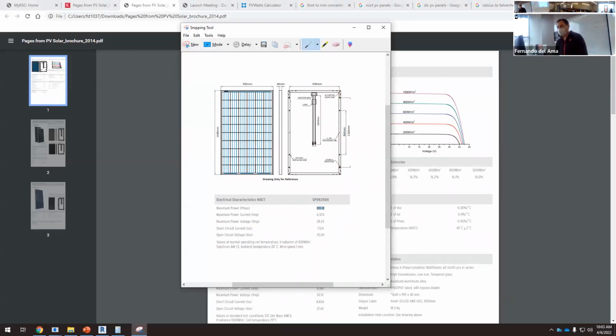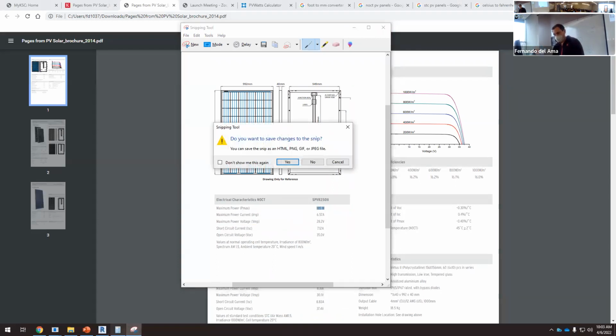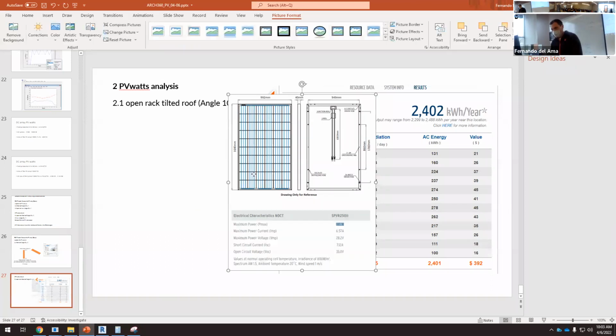Okay, so here we have the dimensions of the panel, and here we have the performance of this panel. So we can paste it here.